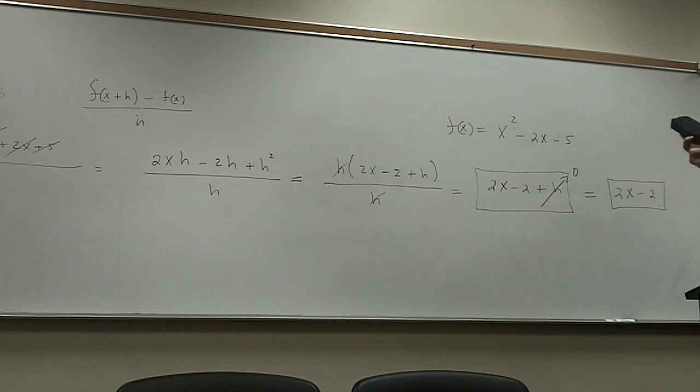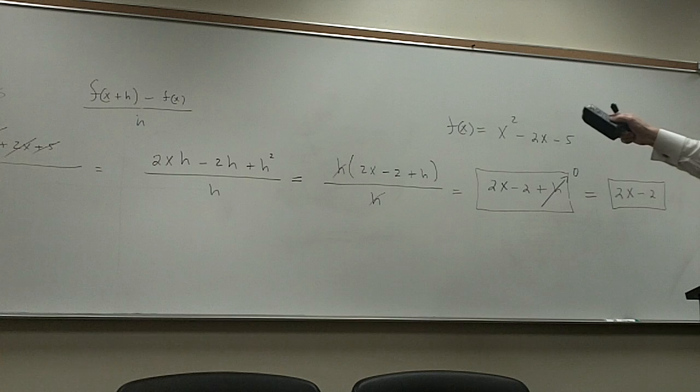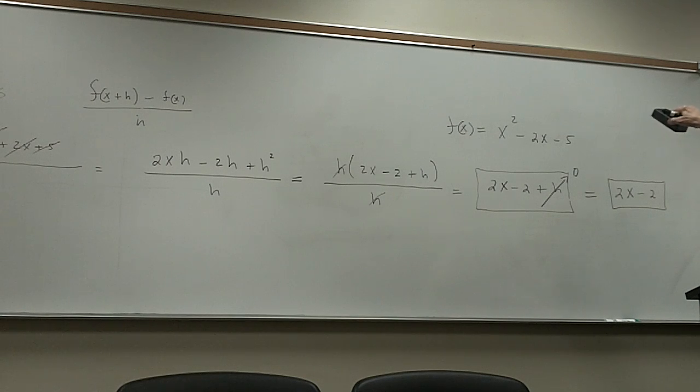And what you did by doing all this stuff here is you've actually calculated the slope of this line, x squared minus 2x minus 5. What can you say about the slope of that line?